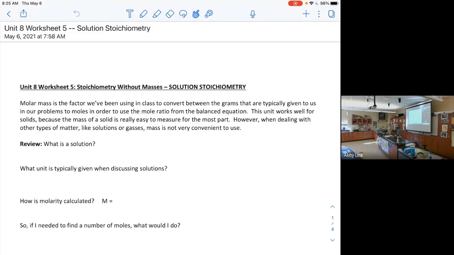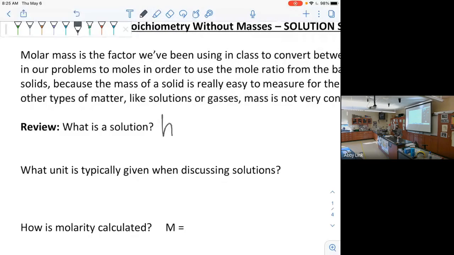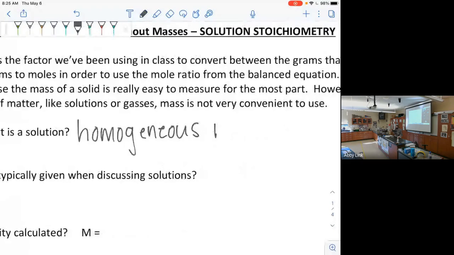All right, when I say that word solution, I hope you remember, maybe from Unit 4, actually, we learned that word. A solution is a homogeneous mixture. What that essentially means, if you break that down a little bit further, is that we've taken some sort of solid and dissolved it in some sort of liquid, usually water, and we can't really tell that that thing has been dissolved in that liquid.